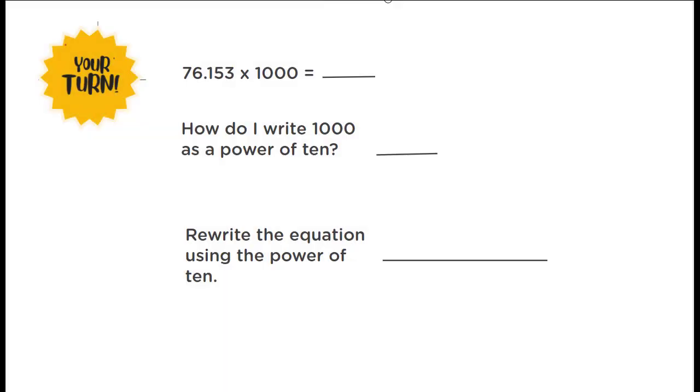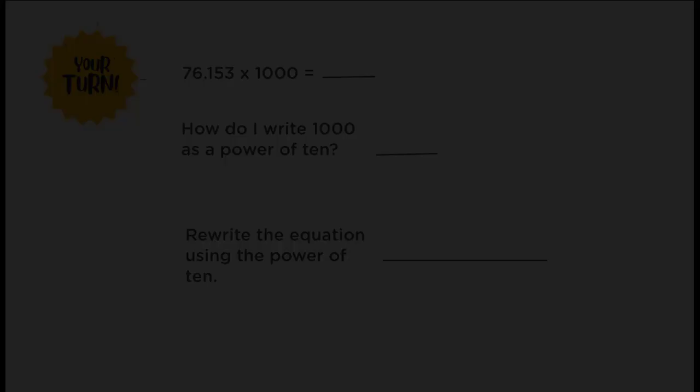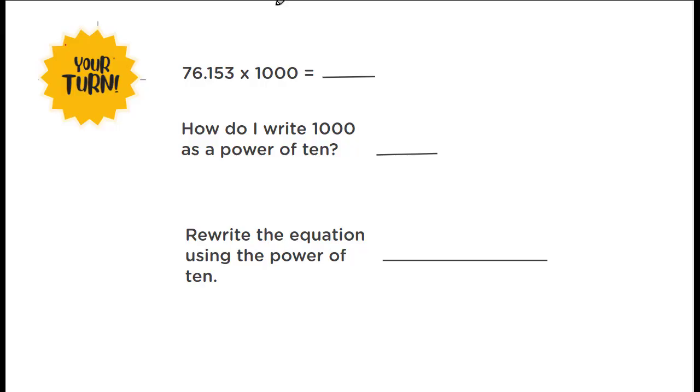Our next number, 76 and 153 thousandths times 1,000. Turn off your video, solve it, come back. That sure was a big number, wasn't it? All right, you're going to multiply. I hope you're underlining that. And if you're a person that forgets, you can even use colored pencils. It's so much fun. You can circle that operation on worksheets to help you remember, I am multiplying.